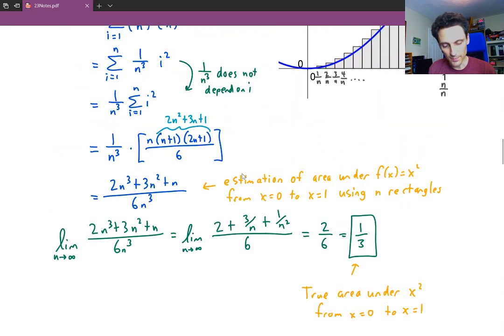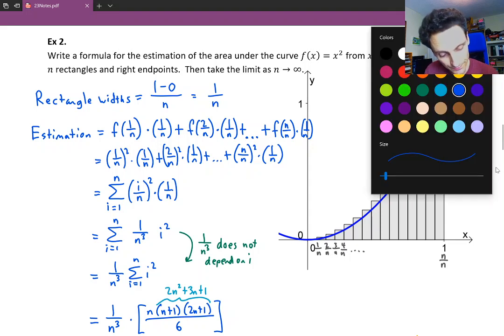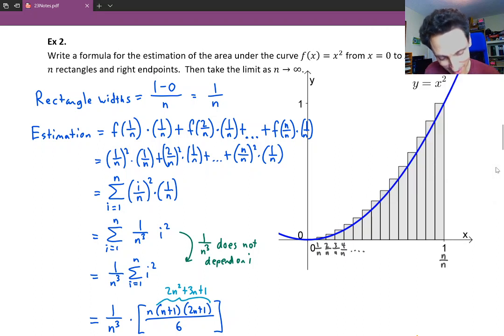Let's jump back up to example 2 to see where this new notation would appear in our example. So let me choose a color. It's always the hardest part. I'll choose that one there. So the rectangle widths are delta x. In this case, delta x would be 1 over n.